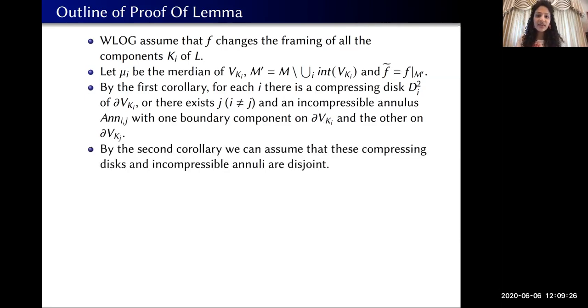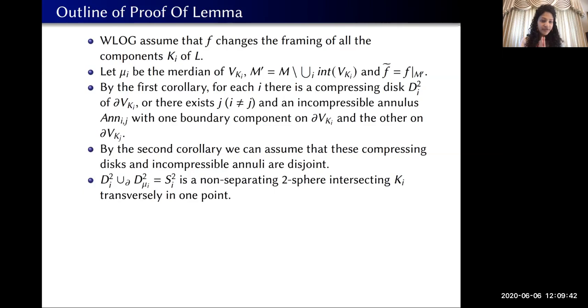And by the second corollary, these compressing disks and incompressible annuli are disjoint. If you recall, these compressing disks and incompressible annuli are now the building blocks of our non-separating two spheres, and this is how we construct them.